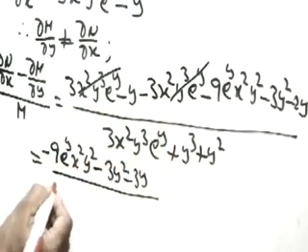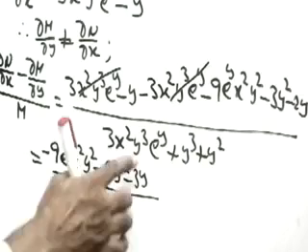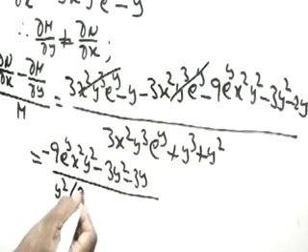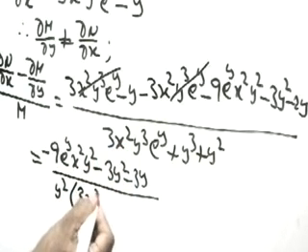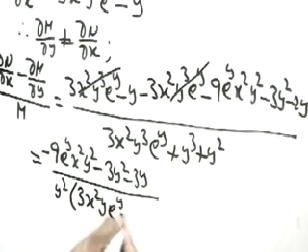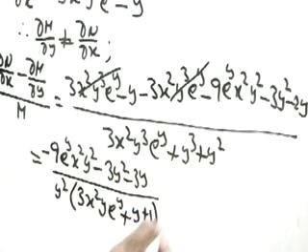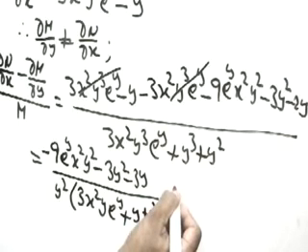We can take y² common in this. If you take y² common, what is left here? 3x² y e^y plus, we have taken y³, y² common, so y plus 1.